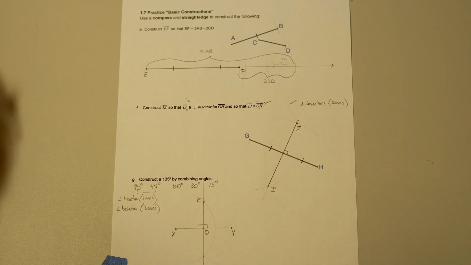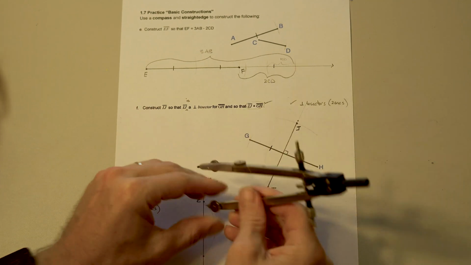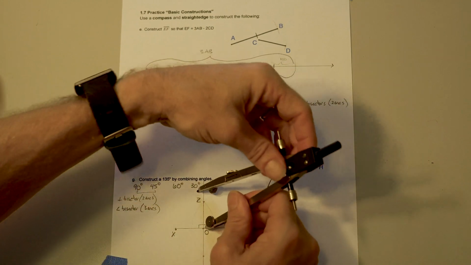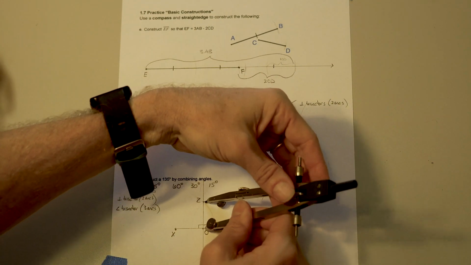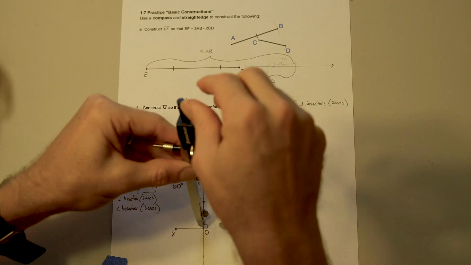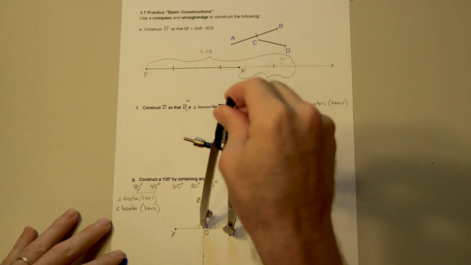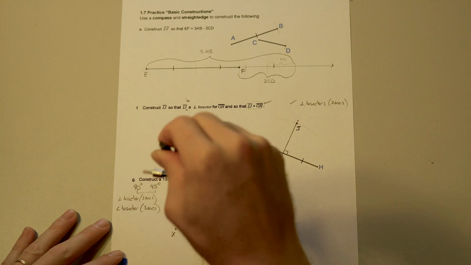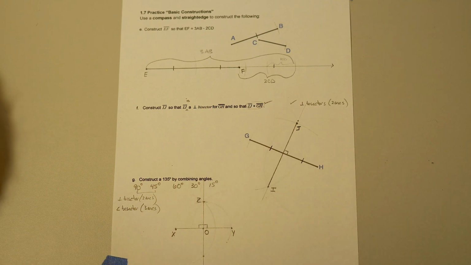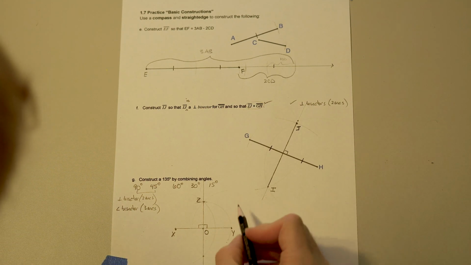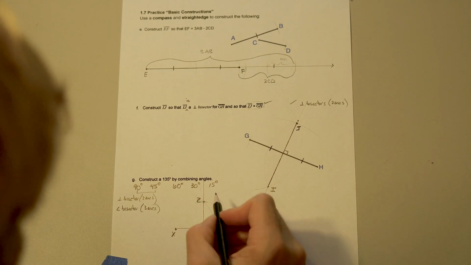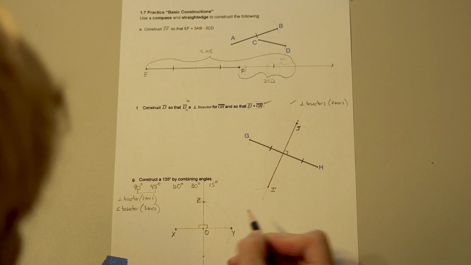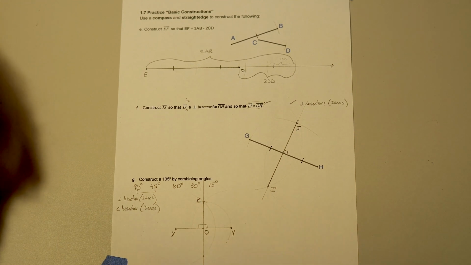So the first arc we want to make, how about we go through Z here, maybe just to be clean. So I get that to go right through Z. First arc has to cross both sides of the angle. Right there. So it's crossing here, just before the Y, just right there, and here. There's my first arc.